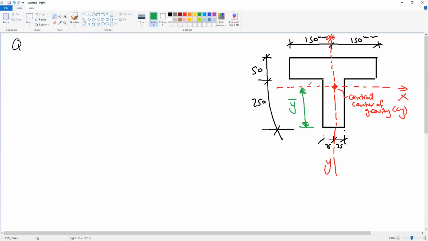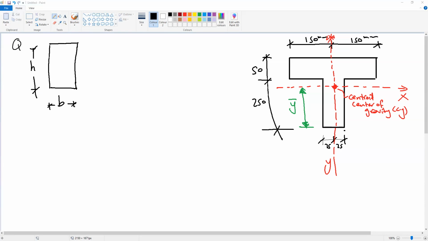The first thing we need to know, before I start the solution, is that we have some regular cross sections like a rectangular section. So if we have a rectangular section with width B and height H, okay, do you know where the centroid of this section will be?